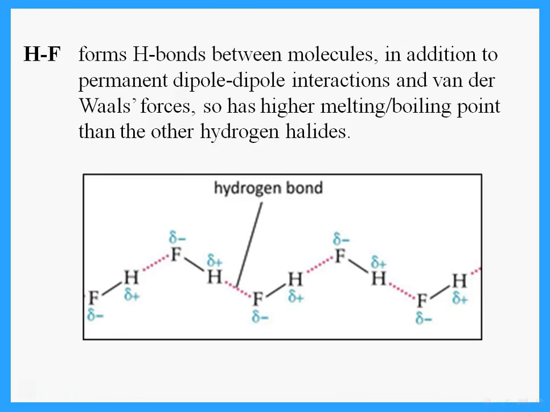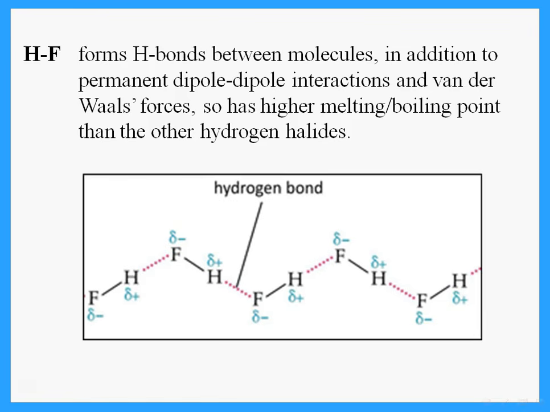Now, the HF is the only one in that list that can do hydrogen bonds due to the strong electronegativity of the fluorine atom. So fluorine is very electronegative. The bond will have a permanent dipole, and the molecules will have permanent dipole-dipole interactions, and of course the weak van der Waals forces, but they will also have hydrogen bonding between the molecules.